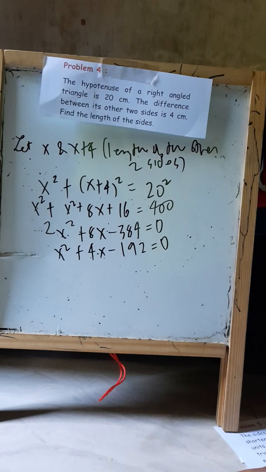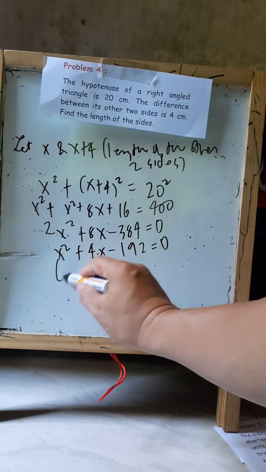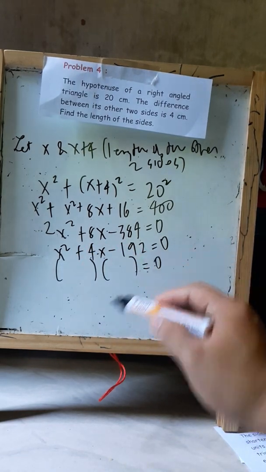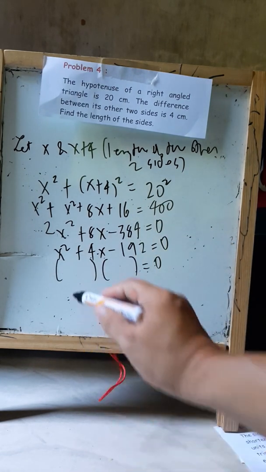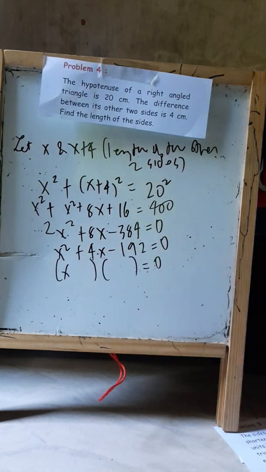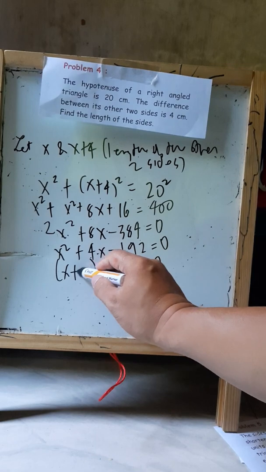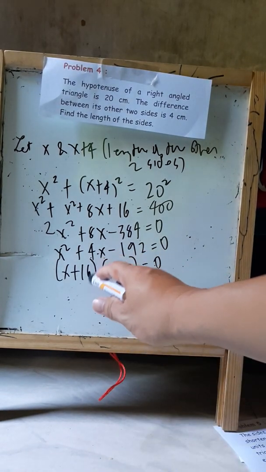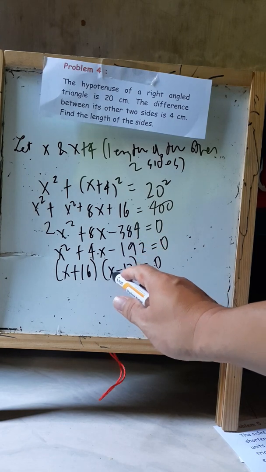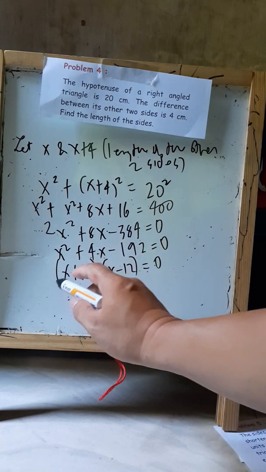You can now solve this by factoring, or by completing the square, whatever you like. What are the factors of negative 192 whose sum is positive 4? I think these are 16 and negative 12. 16 times negative 12 is negative 192, and 16 plus negative 12 is positive 4.